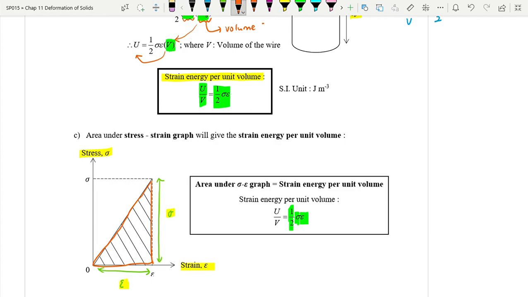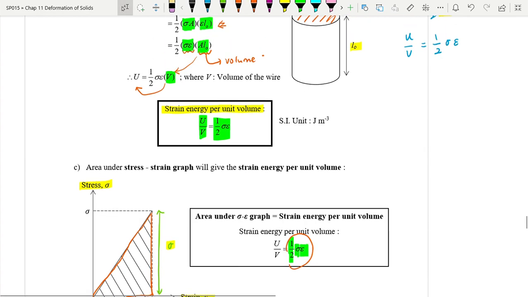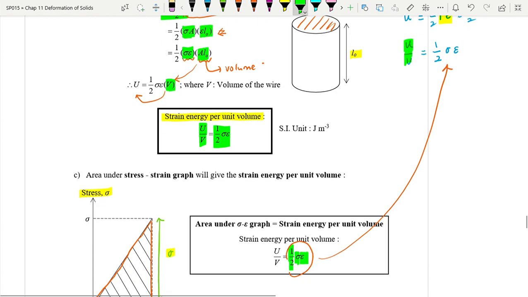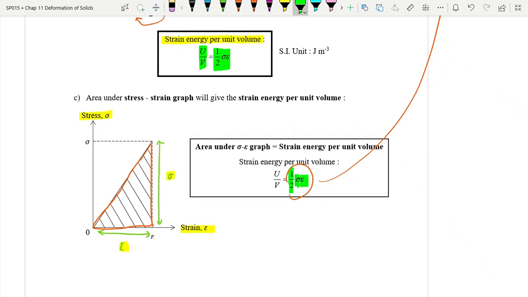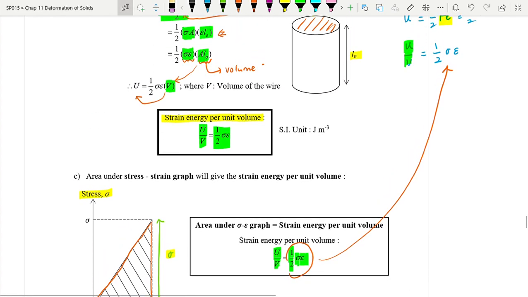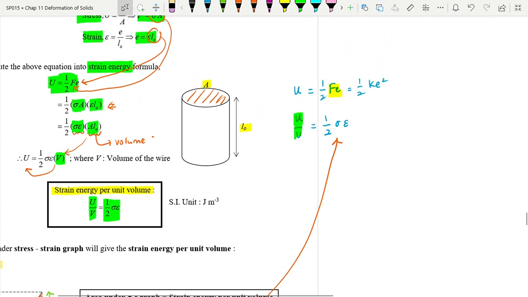So end up formula ini sebenarnya formula yang sama dengan yang kita tulis tadi. Nampak tak dekat sini? Okay, so sebenarnya kita sedang kira strain energy per unit volume. Okay, jadi strain energy per unit volume kita boleh dapat daripada area under stress versus strain graph. Okay, so kalau kita nak highlightkan sini, so ini adalah area under FE graph.